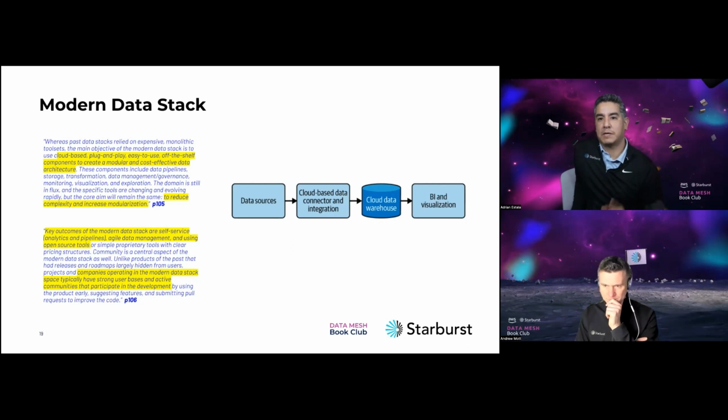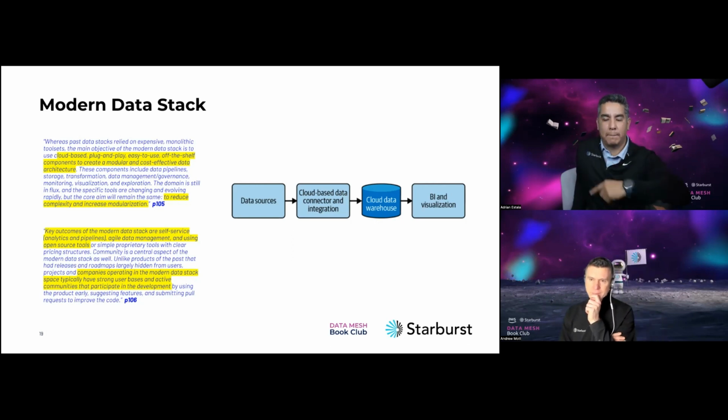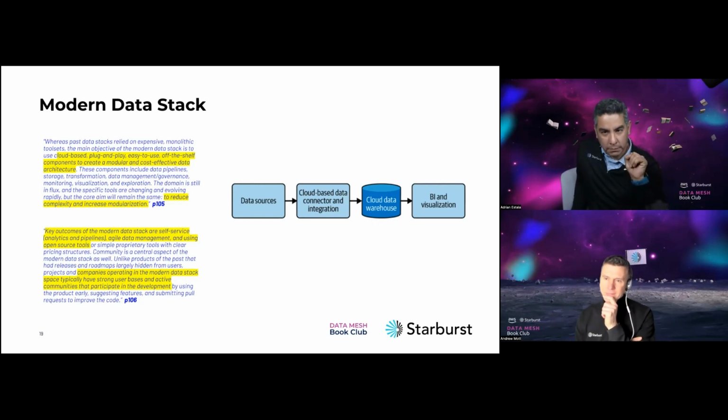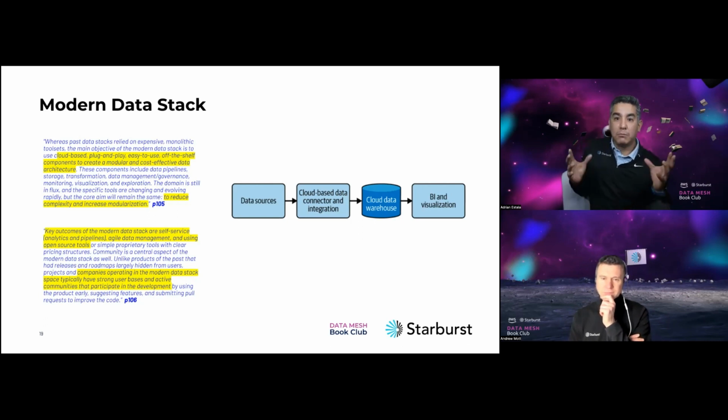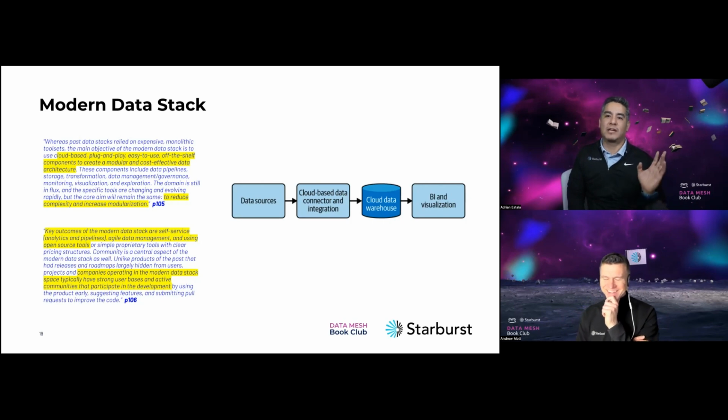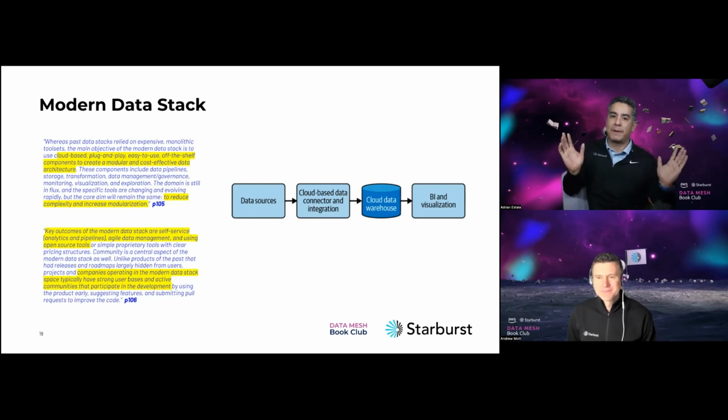The ability to not only take part in the development, but also push forward ideas and features. So the modern data stack is a fluid, fast evolving, community driven environment. When you read the text, you're like, yeah, that feels good. I just don't know what picture to draw. I don't know that I would draw a better picture, but I think it's coming.